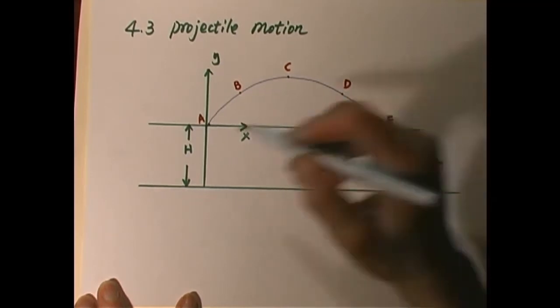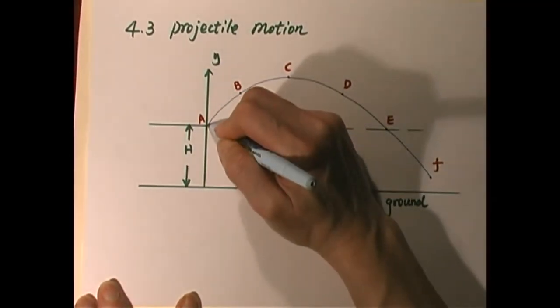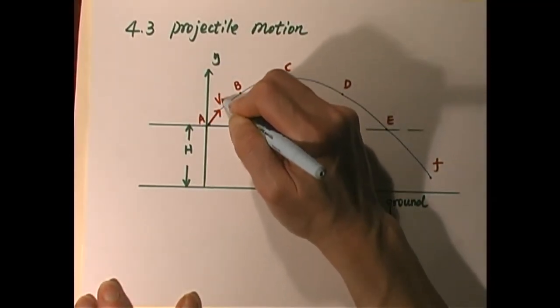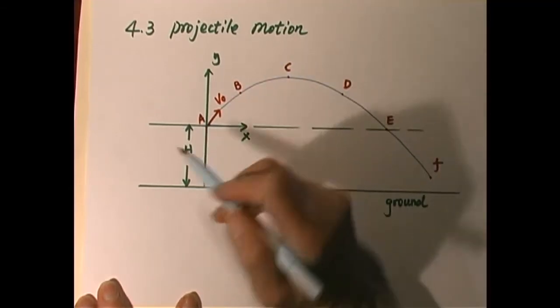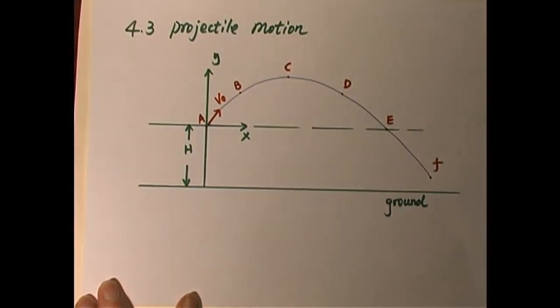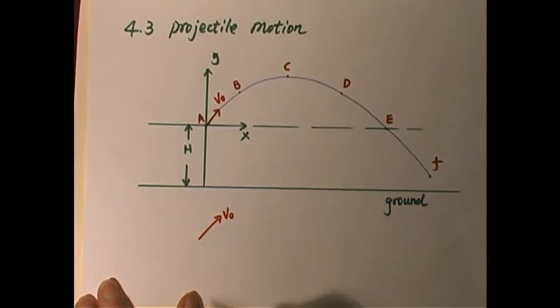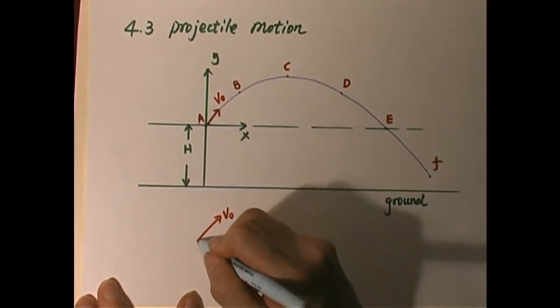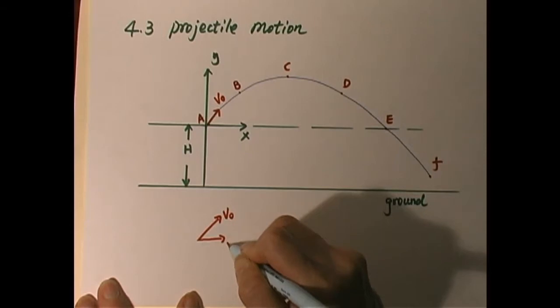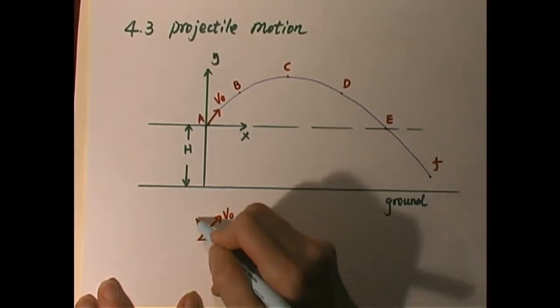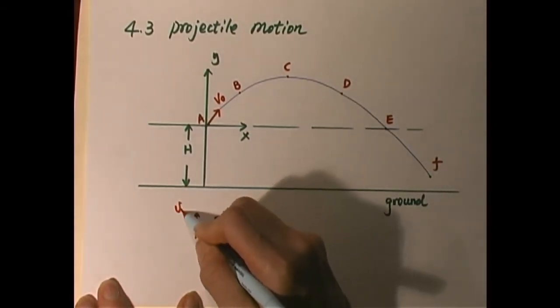So, say for example, we threw something at an initial velocity from h meters above the ground at location A. What's going to happen? If we have an initial velocity like that, we can split it into v initial of x and v initial of y.